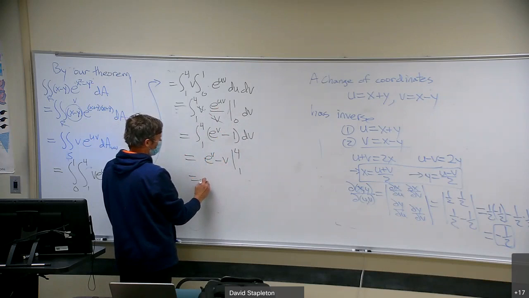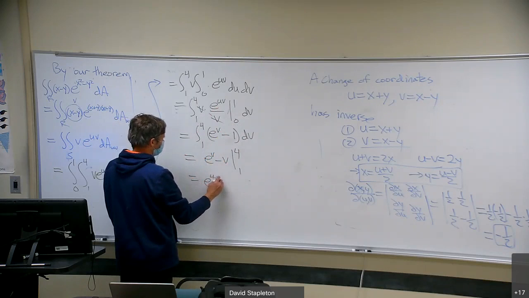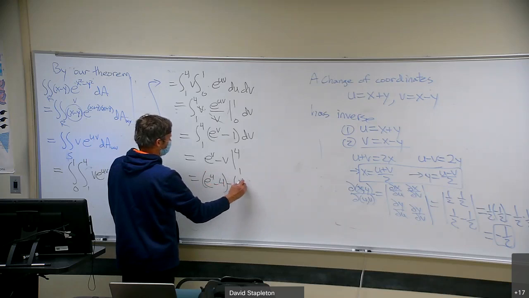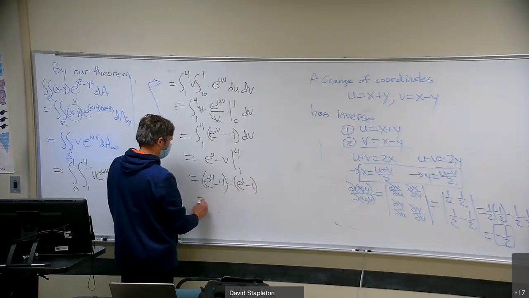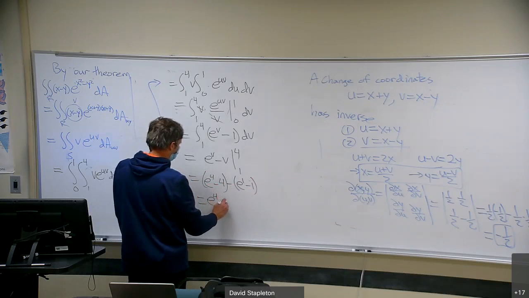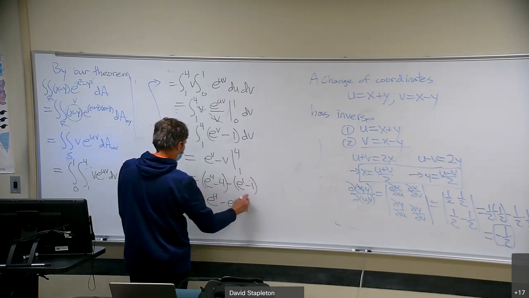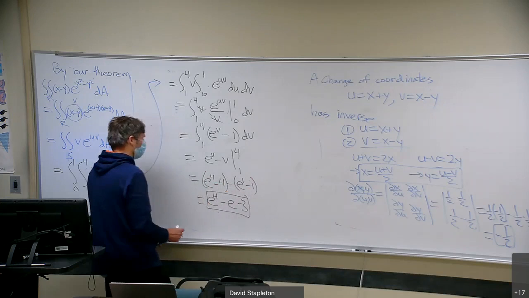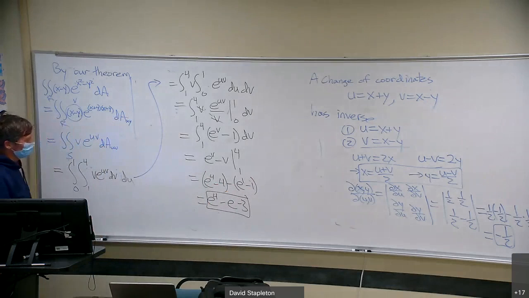So this becomes (e to the 4 minus 4) minus (e to the 1 minus 1), which is e to the 4 minus e minus 4 plus 1, which is minus 3. So there's the value of the integral. In the new coordinate system, we were actually able to do it.